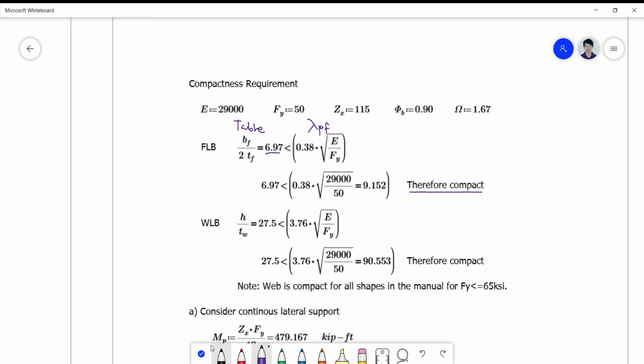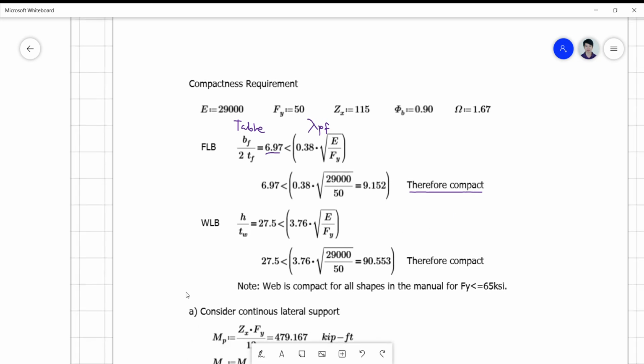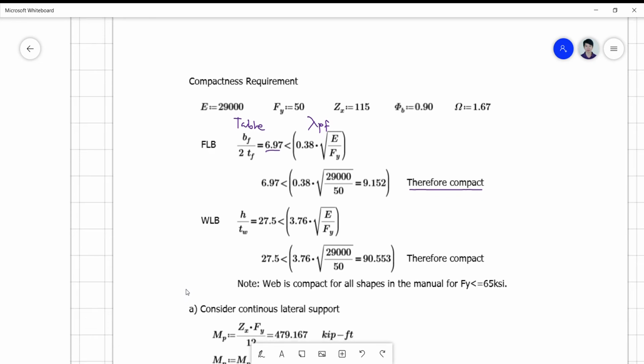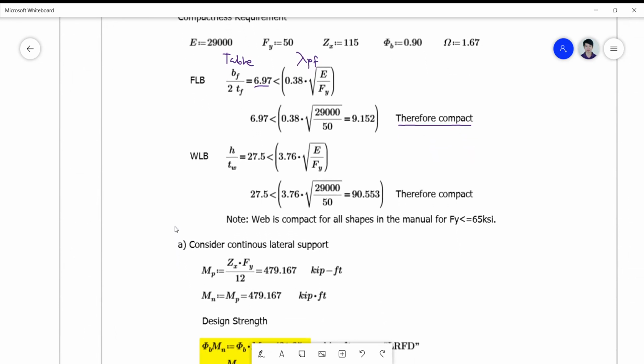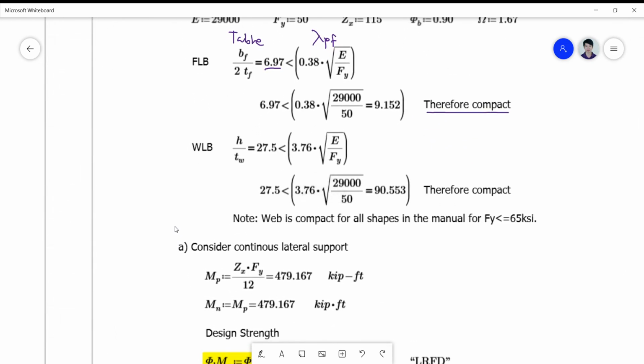So for the web local buckling, we don't need to check this actually, because the web is always compact for all shapes in the AISC manual for Fy less than or equal to 65 ksi.